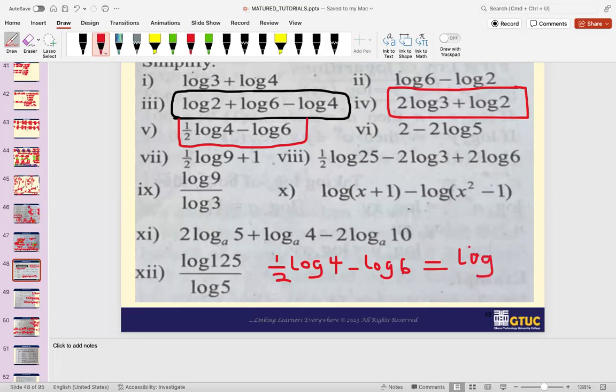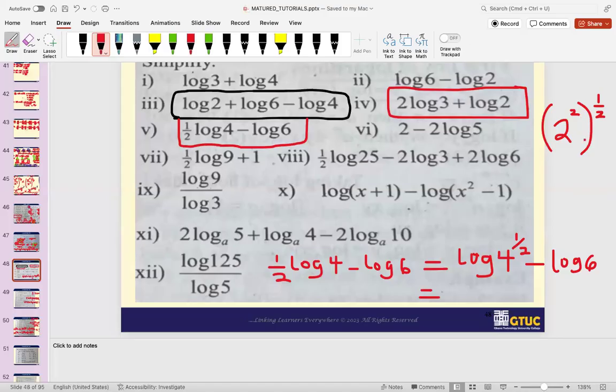The half is coming on top of the 4. So this one becomes 4 to the power half. If you remember the indices we did, this 4, you can break it down as 2 raised to the power 2, but there is half there.